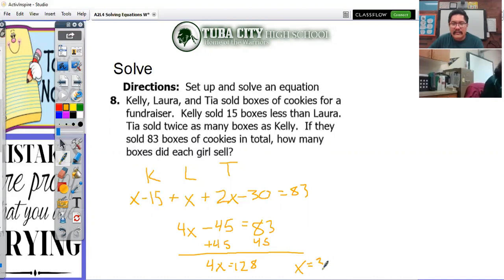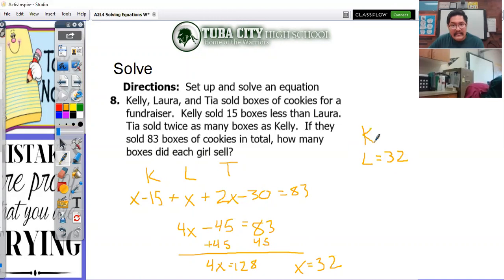In this case, it would be 32. So we have our first element. Laura sold 32 boxes.